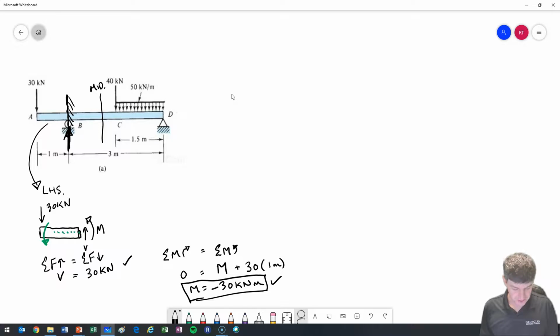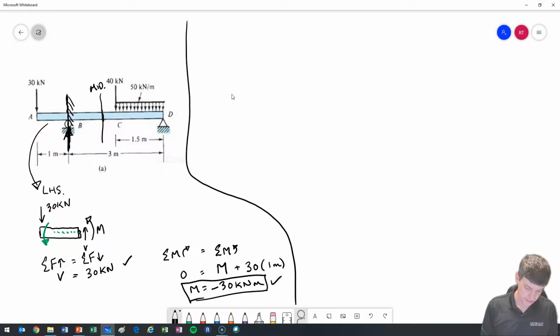However, because I've asked you for one inside at the midpoint, I'm going to have to find some of these unknowns. Okay, so we have to go back to what we learned in the last section, part 2, and we're going to start out with number 1, my distributed load.